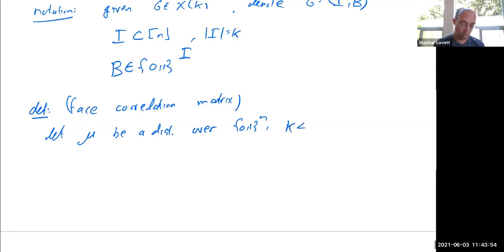Take some k at most n minus 2, and take sigma, which is (I, B), in X_k, a coloring of k elements. Now define the correlation matrix, called the sigma correlation matrix.